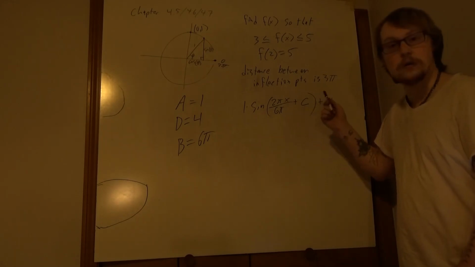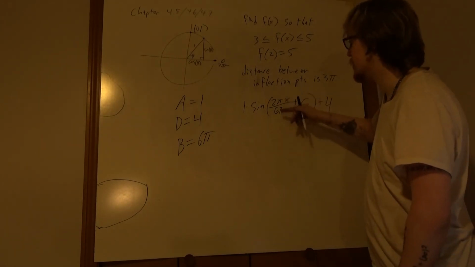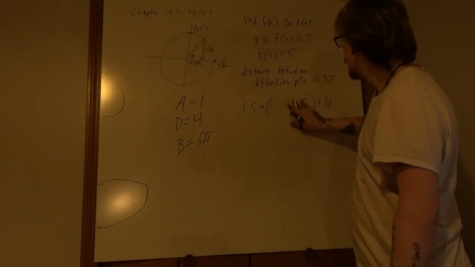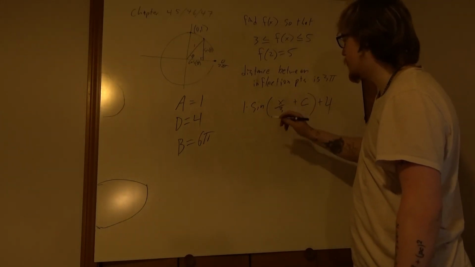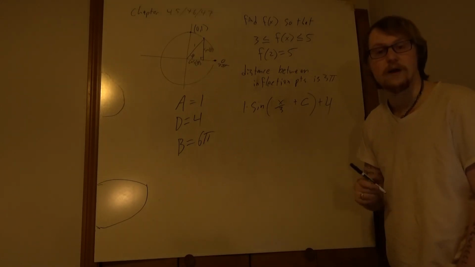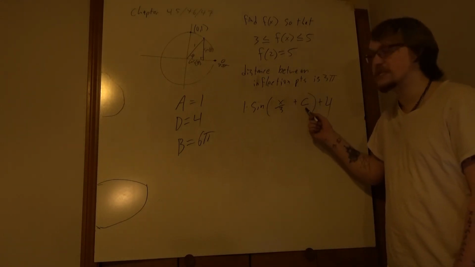Where c is the only parameter that we have left. We can see that 2 pi over 6 pi simplifies quite a bit to just pi over 3, so pi x over 3. And so the last thing we need to figure out is, what does c have to be?